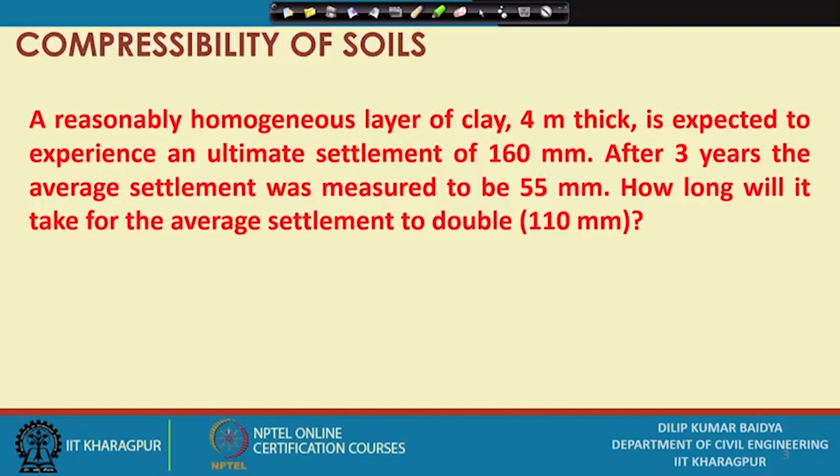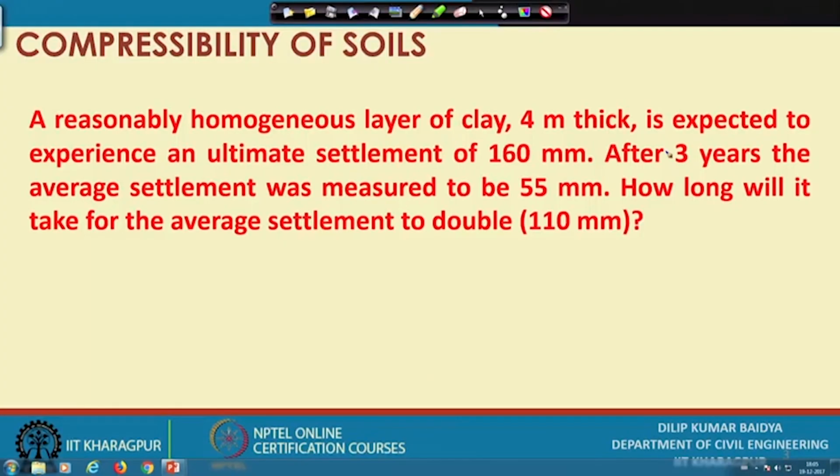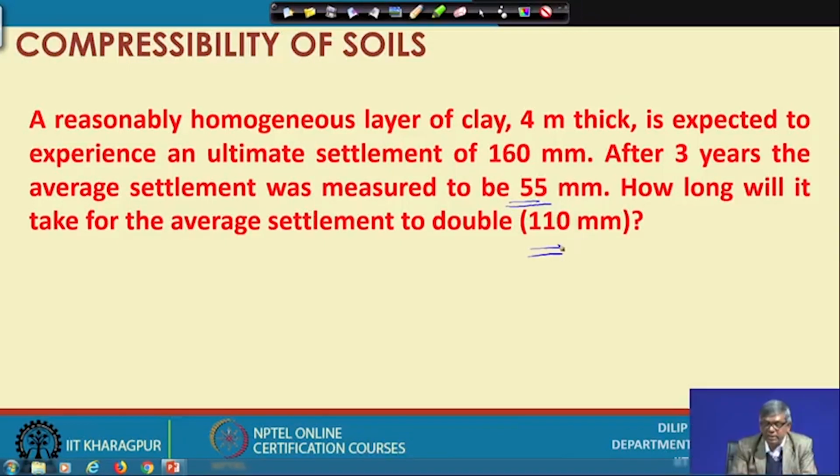So, this is the problem. That means a 4 meter thick clay layer was consolidating. We have some measurement observation, by which we have observed the settlement, and the ultimate settlement expected is 160 millimeter. Suppose we observed that in 3 years it settled 55 millimeter. Then for the same soil, how much time will it take to settle 110 millimeter?